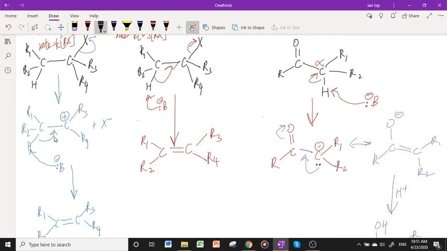So instead of abstracting this hydrogen, another possible step would be the base attacking here, forming what would be the second step of the SN1 mechanism.